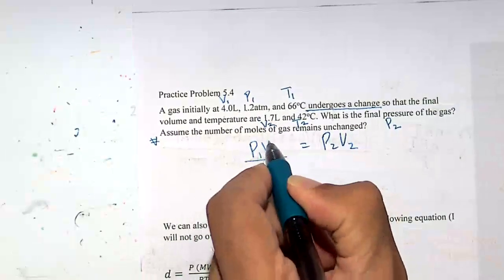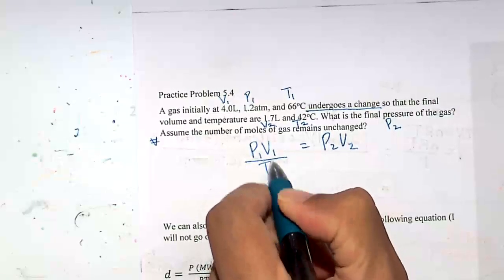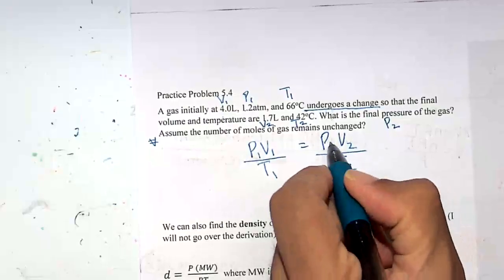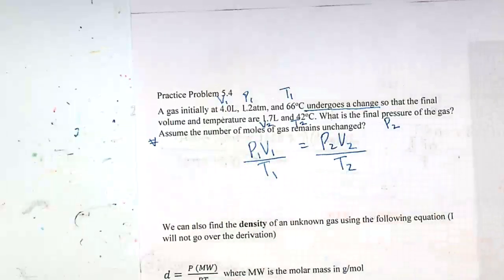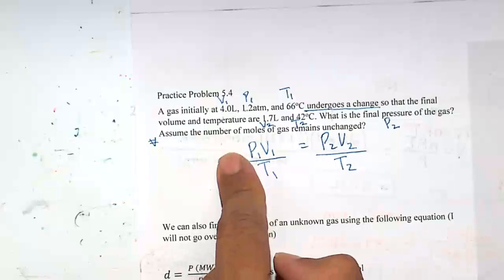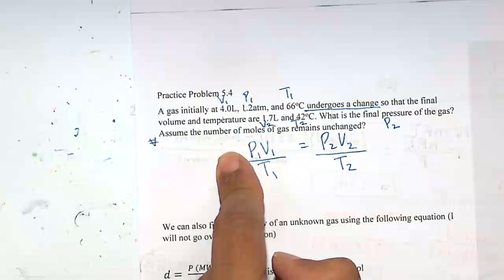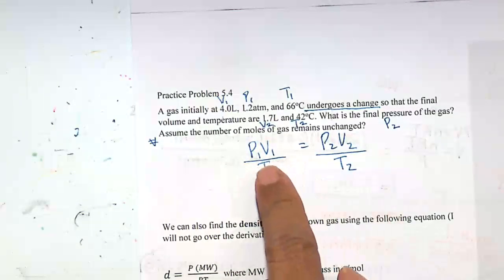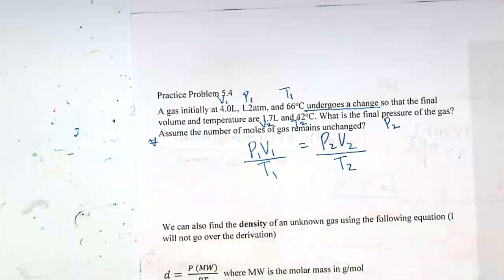V1 over T1 equals V2 over T2, or P1 over T1 equals P2 over T2. So this is a combined gas law. This is the equation we need to know. Initially, we change certain things, and then this is the result of changing those things. Here we changed the temperature and volume.